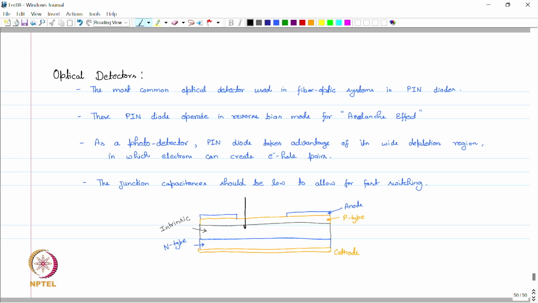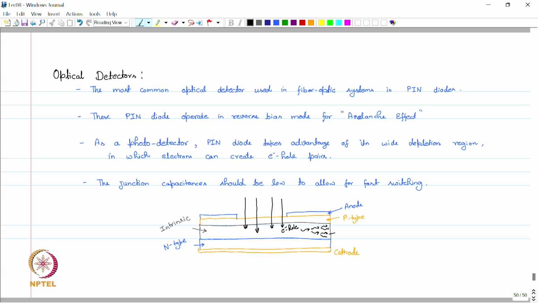So, these photons or this light come here and strike this intrinsic region and generate electron hole pair, and these electron hole pair further create two more, and then they again create a few more.